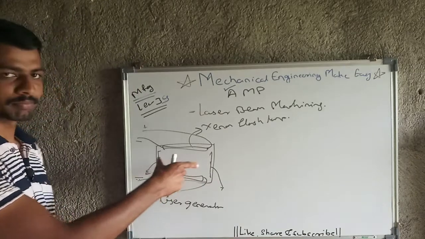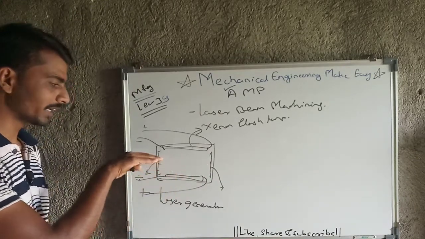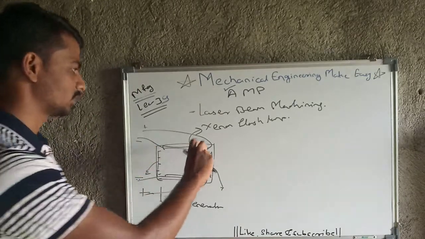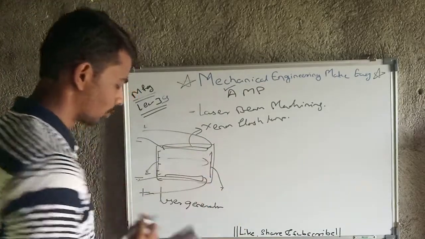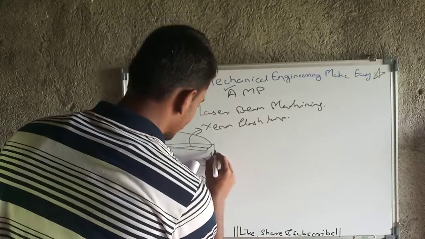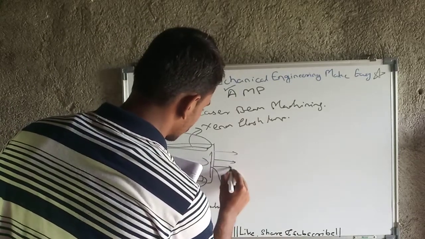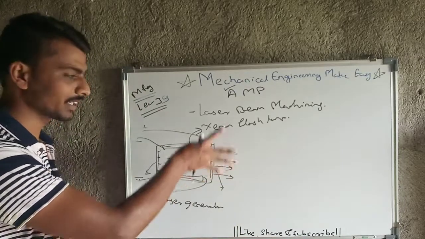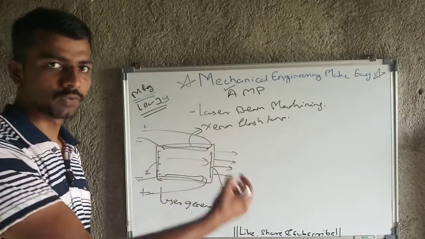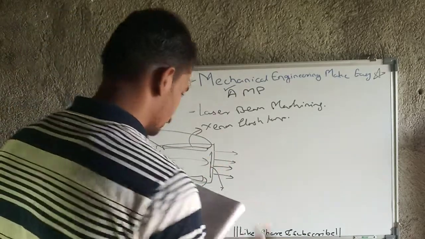Because of those mirrors, all the rays generated with the help of the xenon flash lamp will pass in this direction, and in that direction we will get them here. But now they are in one direction, yet the rays are too many, not only one ray, so we have to generate one ray.